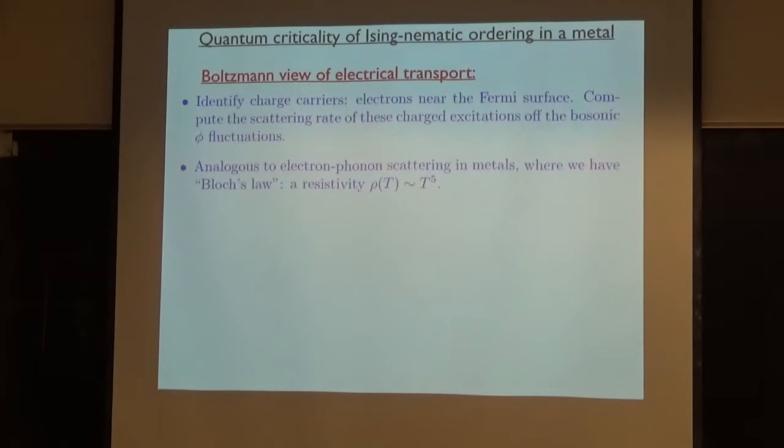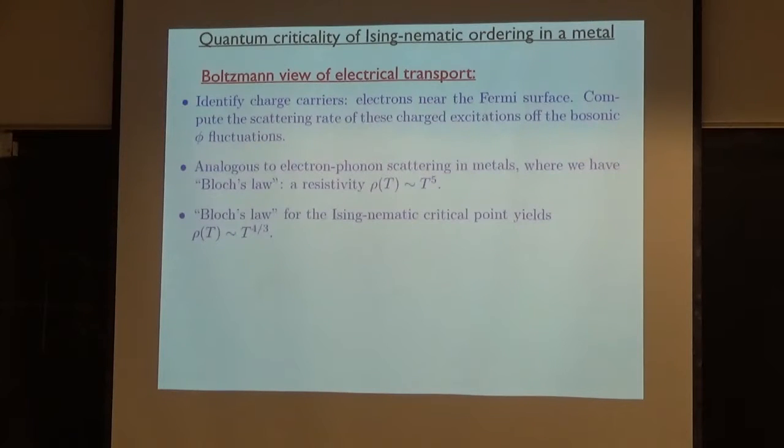Now, if I do the same argument for the nematic quantum critical point, I don't really have quasi-particles, but let me just ignore that. Let me do the same kind of scattering analysis of these Green's functions, put it in some quasi-Boltzmann equation and see what I get. You will get T to the 4/3. So that's the answer.